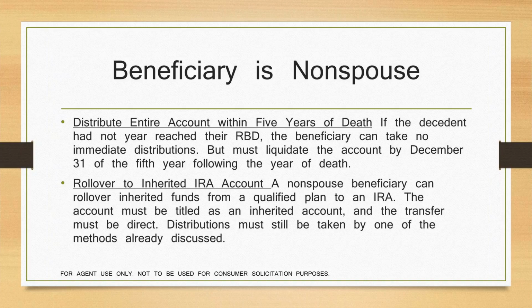A 60-day rollover is not possible with a non-spouse inherited account. It is possible with a spousal account, not possible with a non-spousal inherited account. With a spousal account, transforming an inherited account to the spouse's own IRA can be done by 60-day rollover. But 60-day rollover is never available with regard to a non-spouse account.